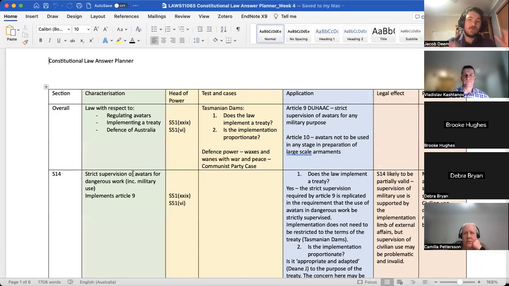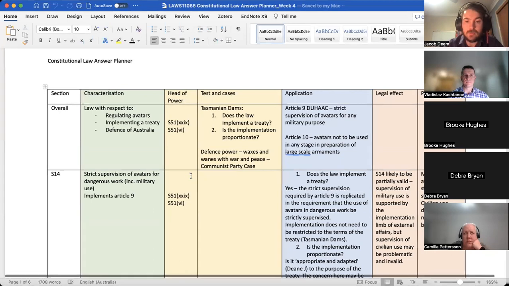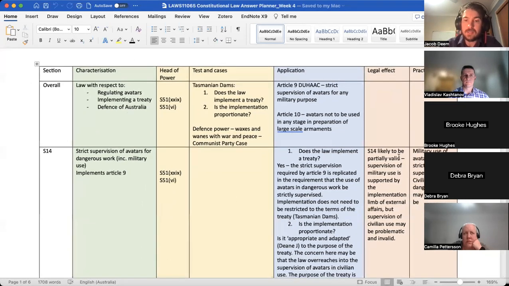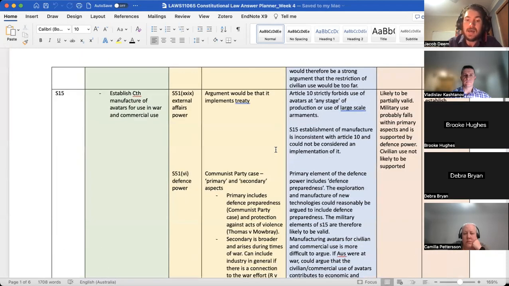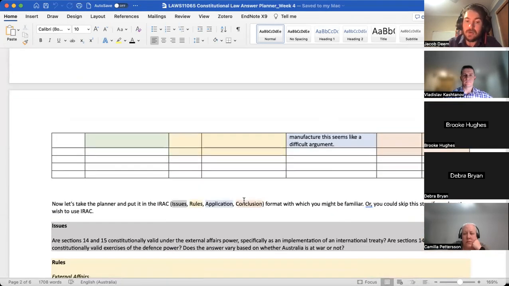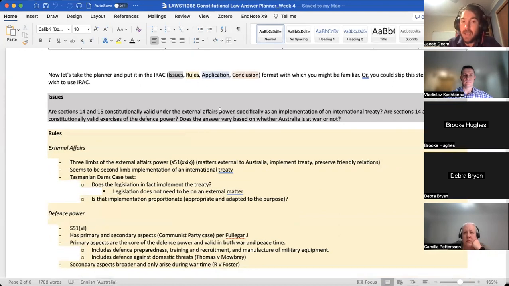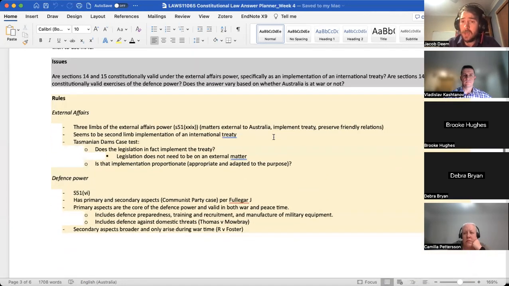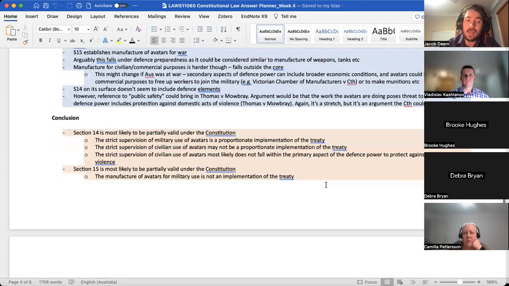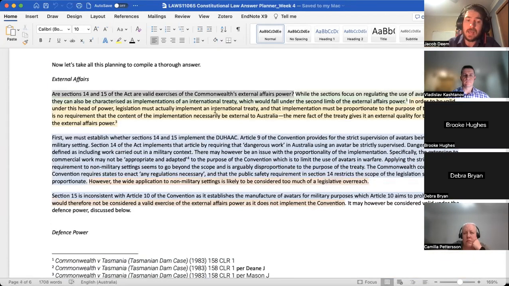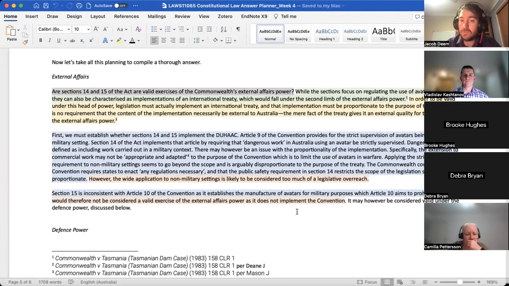I've done up how you might use the table, the answer planner. I've then colour coded how that might look if you were using the IRAC method that some of you might be familiar with and comfortable with. And then I've gone through and done up just a sample written response.